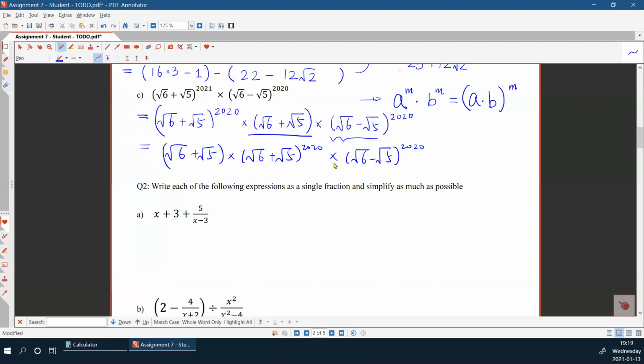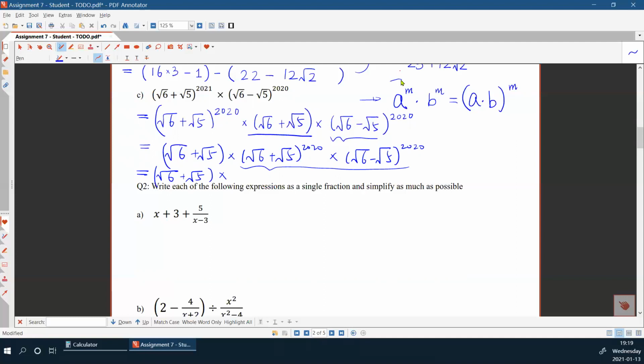And then because we have a multiplication of three numbers, according to the associative law, we can calculate the second part first.